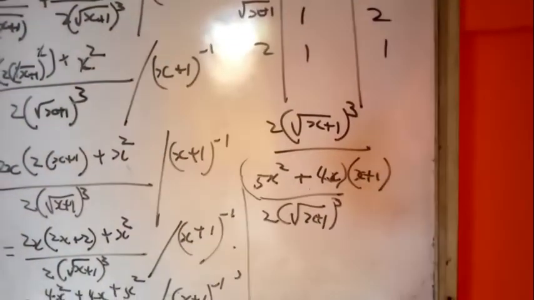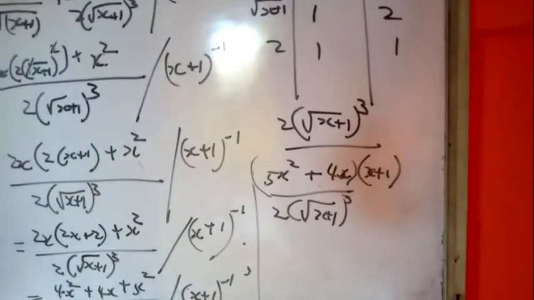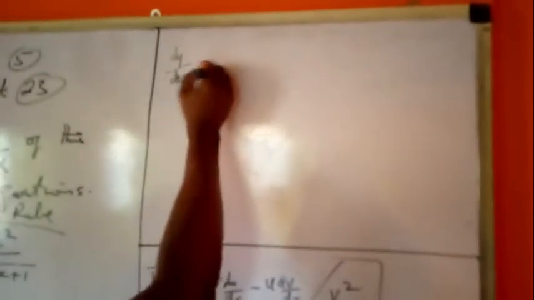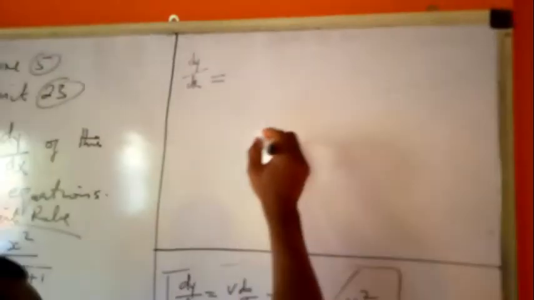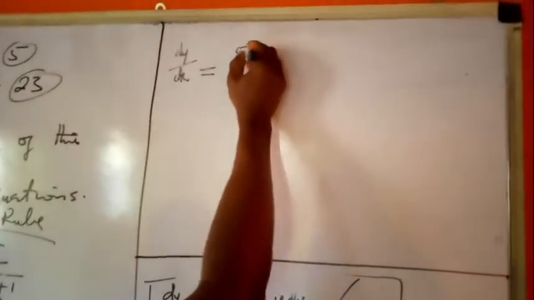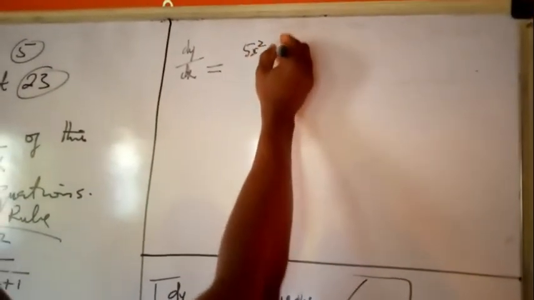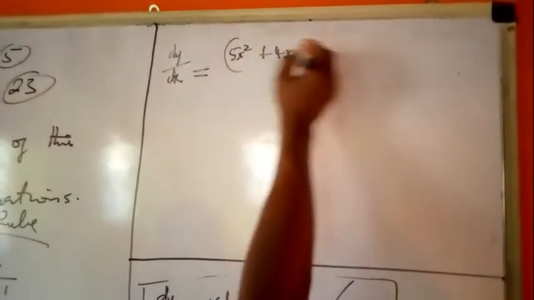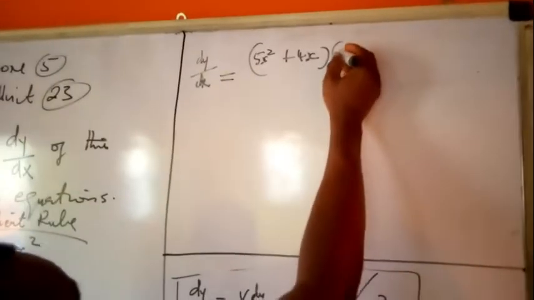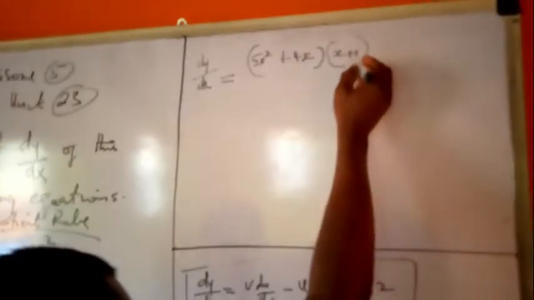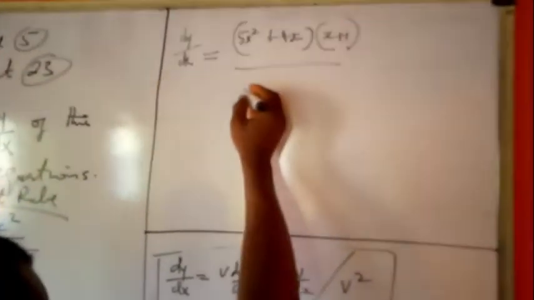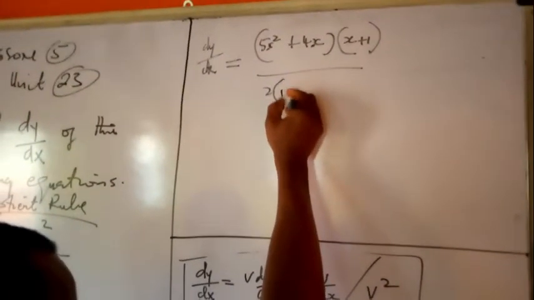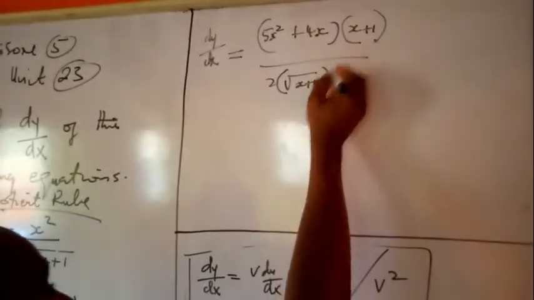Let's see what we are going to have: dy/dx is equal to 5x squared plus 4x into x plus 1 all over 2 into x plus 1 raised to power 3.